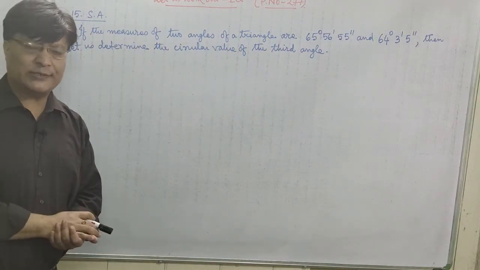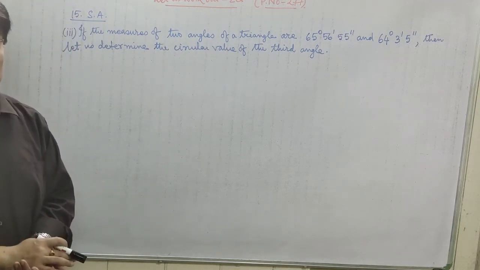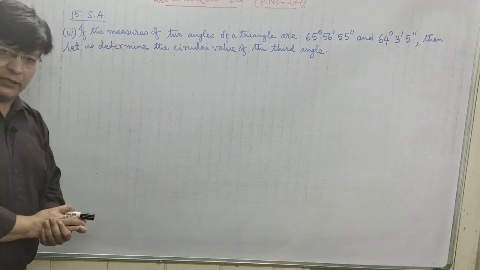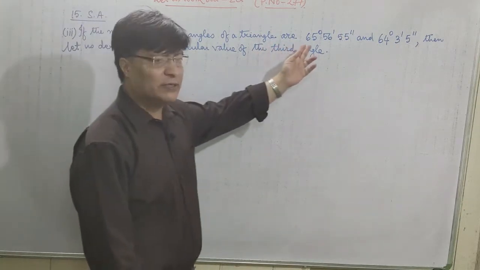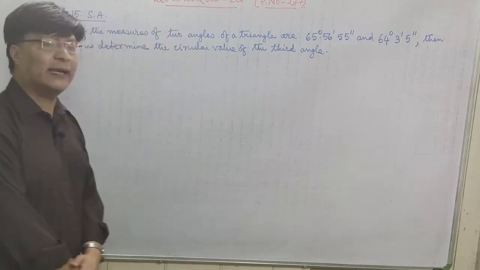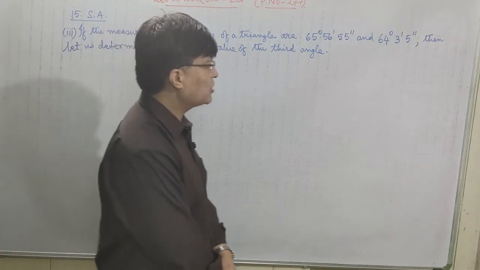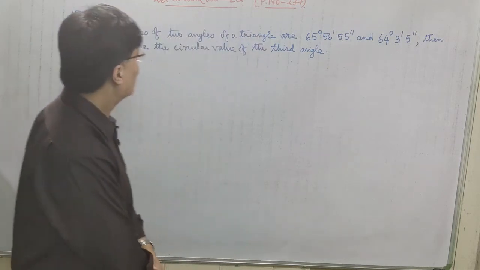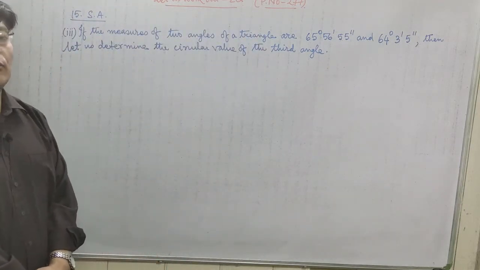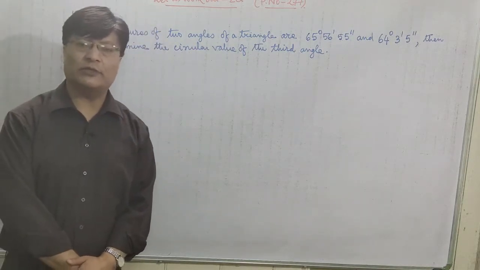In a triangle there are three angles and only two are given here. Then let us determine the circular value of the third angle. You have to find out the circular value of the third angle.